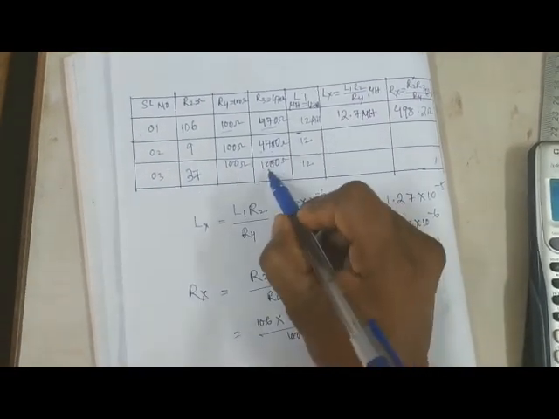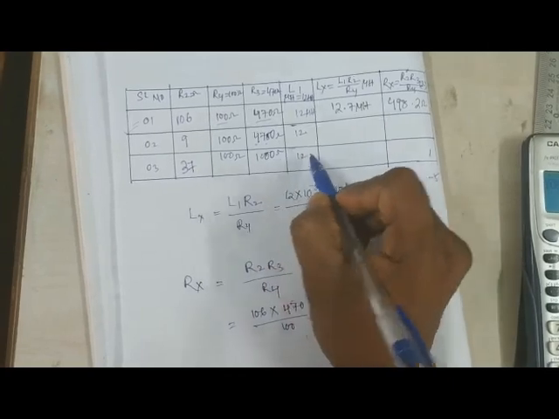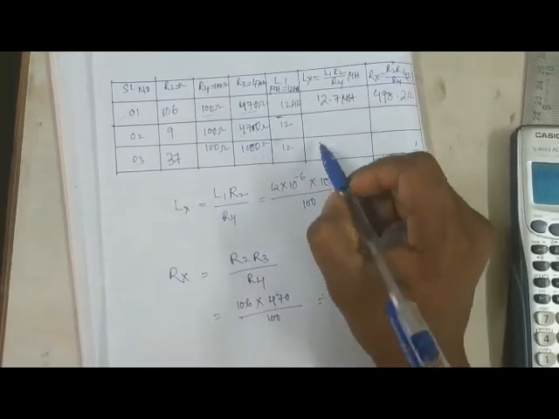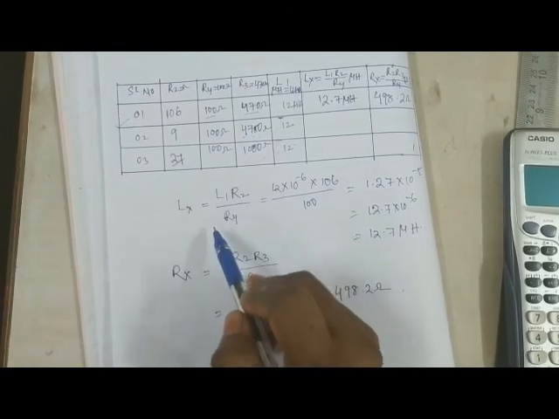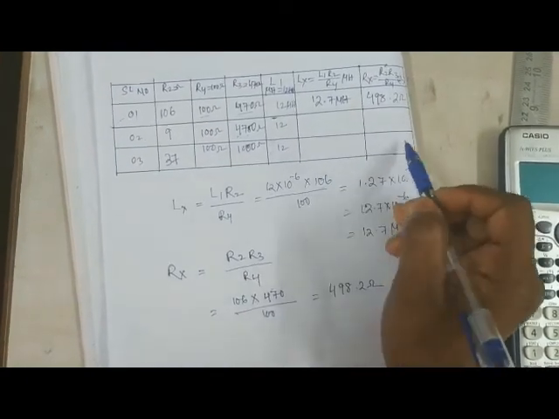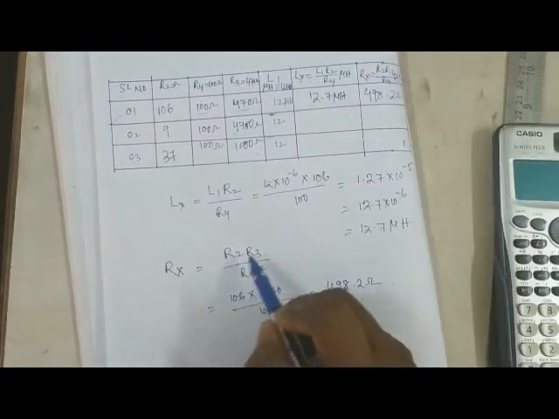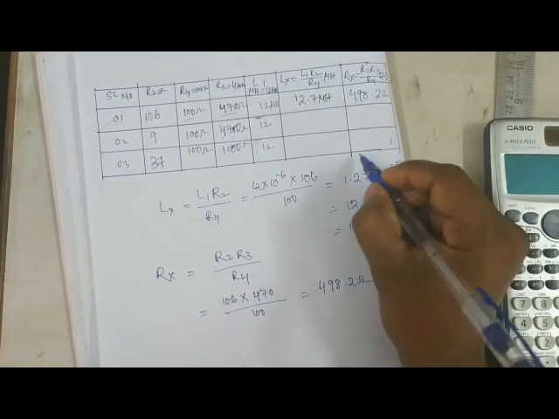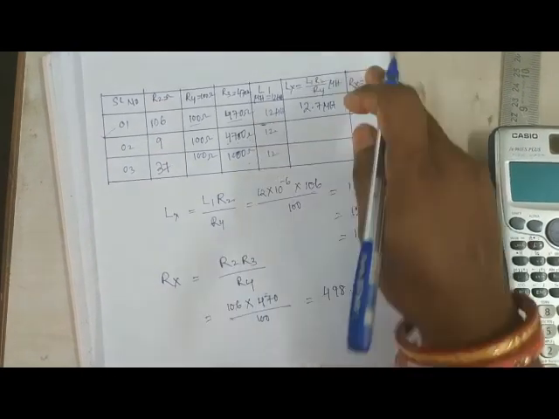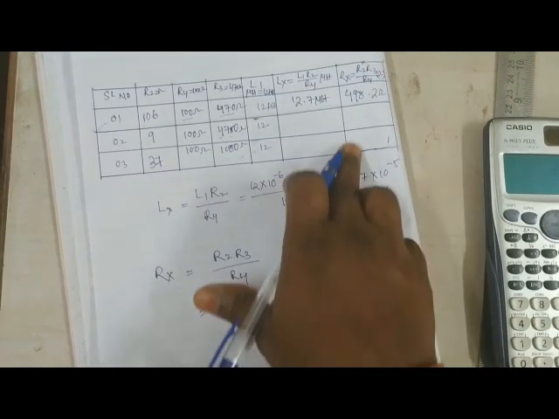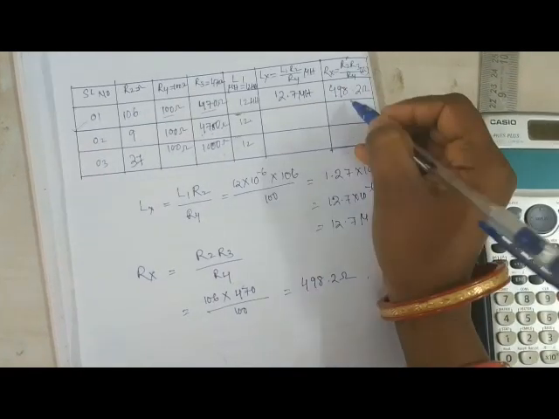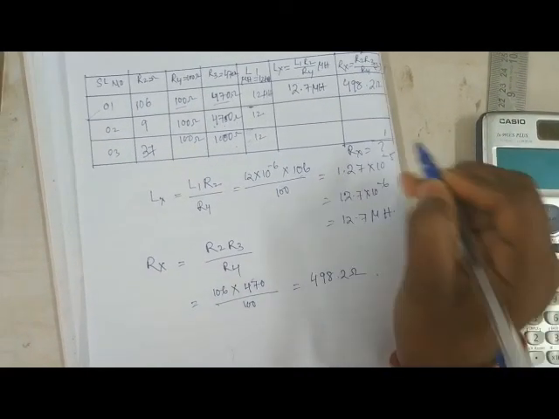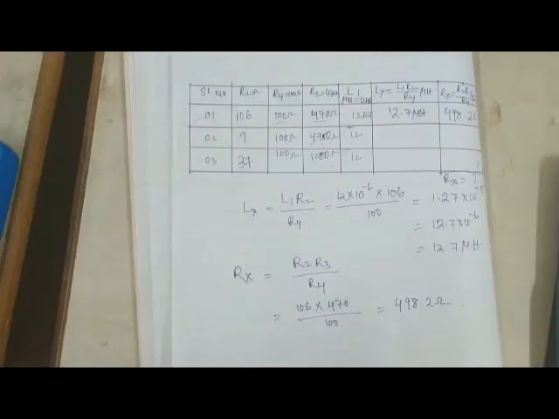Here R4 is 100, R3 is 1000 ohm and L1 is 12 microhenry. Then you have to calculate using this formula, and using this formula you have to calculate the value of Rx3, and then you calculate the average value of Rx here. Okay. Now the Maxwell inductance bridge is finished.